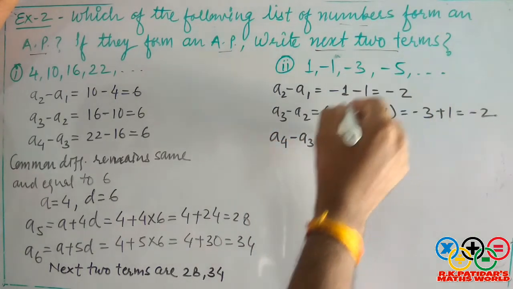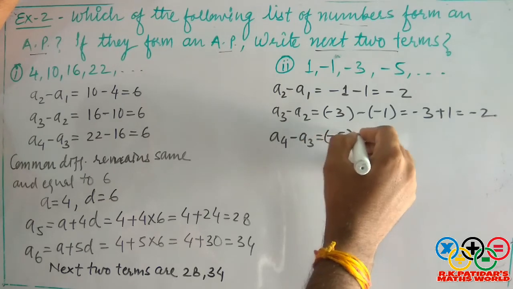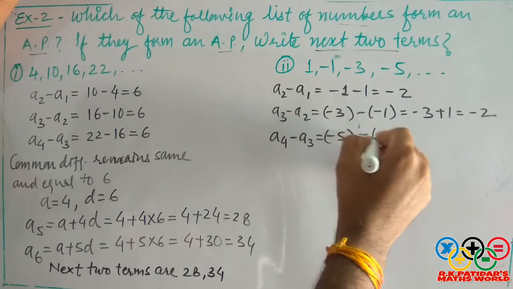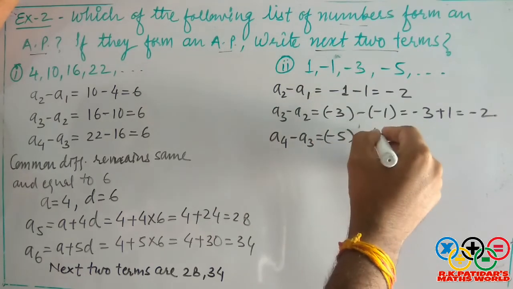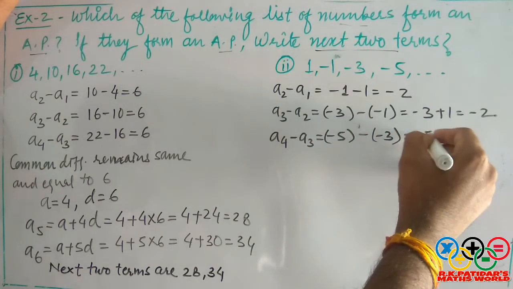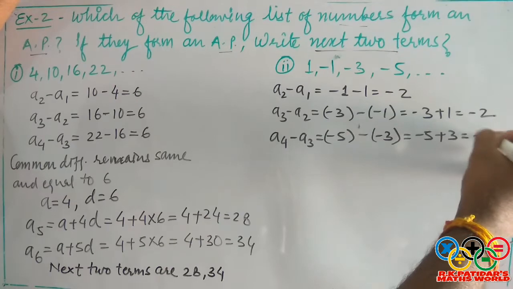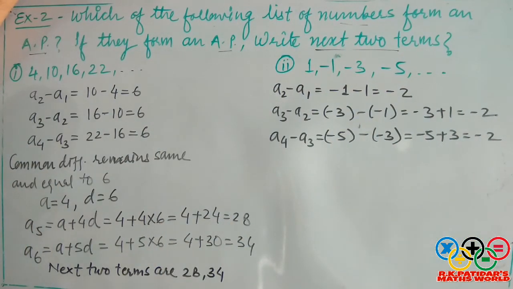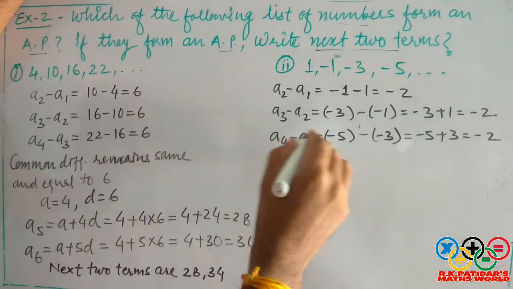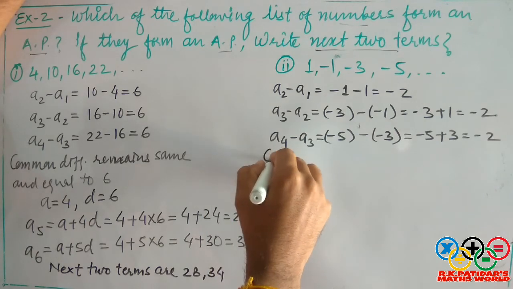Fourth term minus third term. Fourth term is minus 5 minus, it is minus 3. So minus 5 plus 3, that is minus 2. So the common difference remains same. So it is an AP.